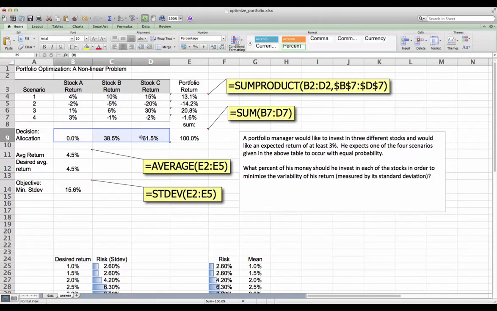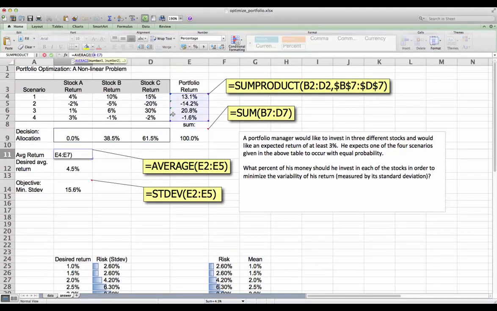Here the decision variables are 3 numbers, and they need to add up to 100%. And here is the average return. And how do we calculate that? Because the 4 scenarios happen with equal probability, it's just the average of the 4.